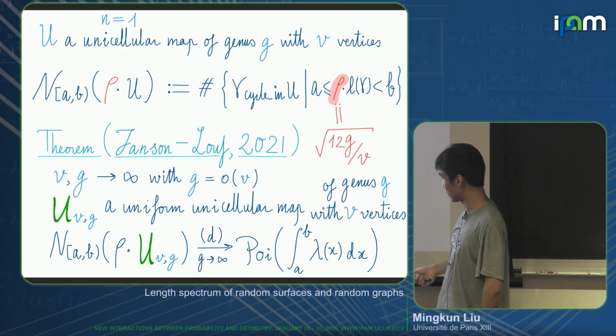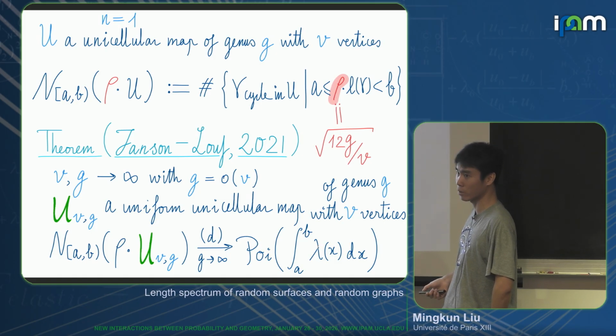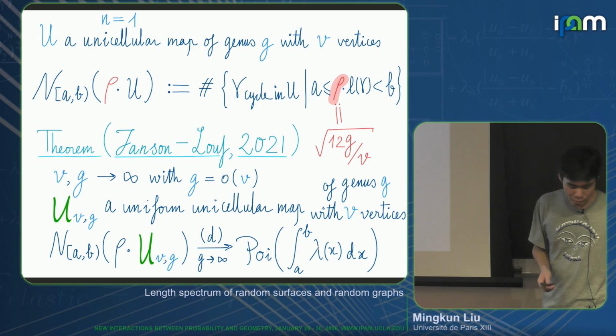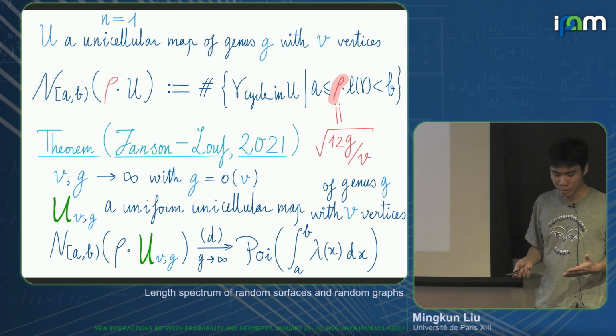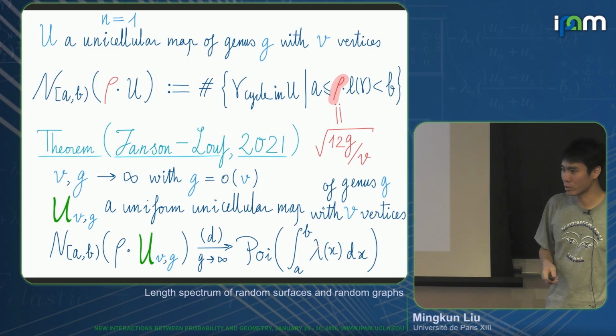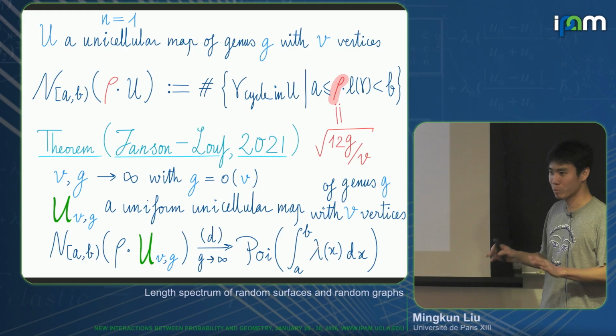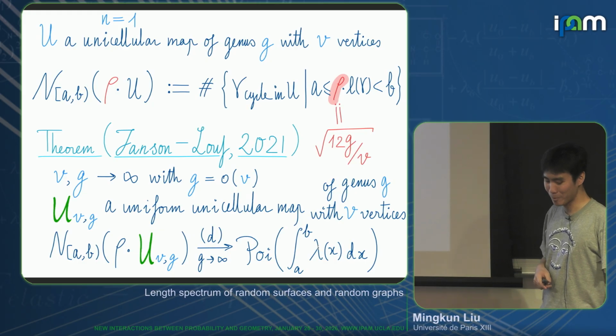And once again, this Poisson phenomenon is not very surprising, but for me, it's quite surprising to have exactly the same intensity function appearing here. So that sort of suggests that the geometry of a uniform hyperbolic surface is very close to the geometry of a uniform unicellular map, for some reason that I personally don't understand at all.